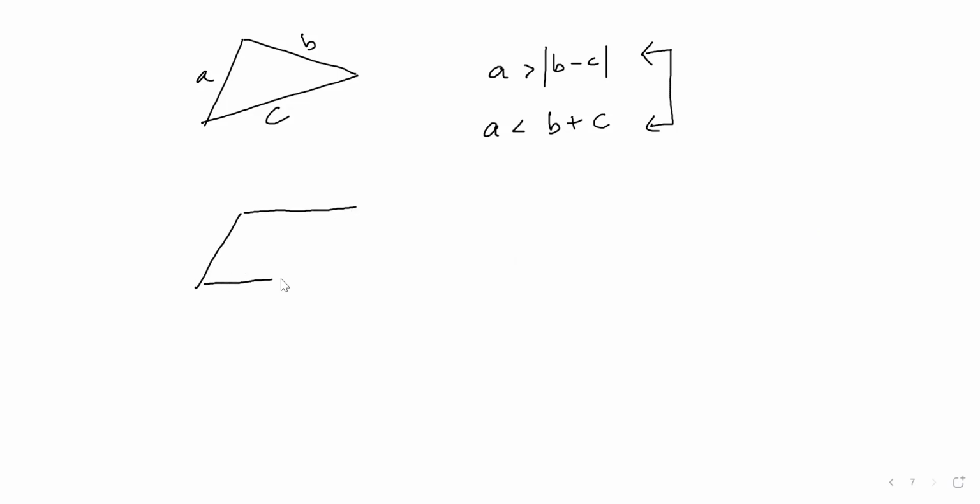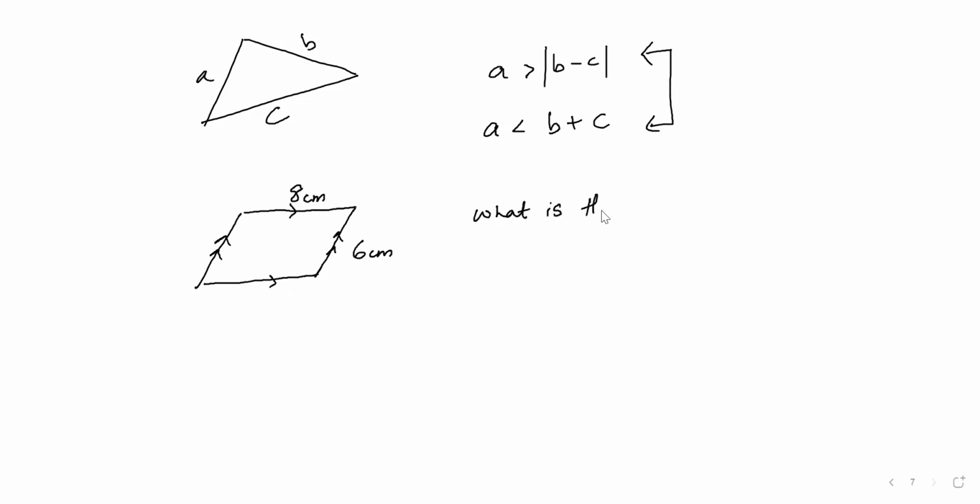parallelogram. Okay. It's a parallelogram. And if I were to give you dimensions of 6 centimeters and 8 centimeters, then if I were to ask you, what is the range?